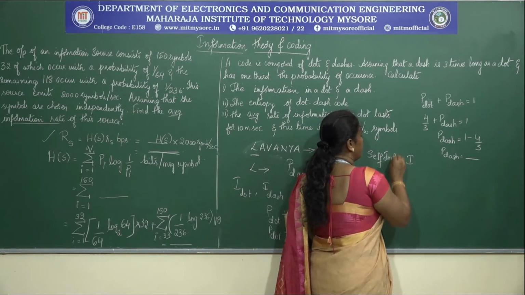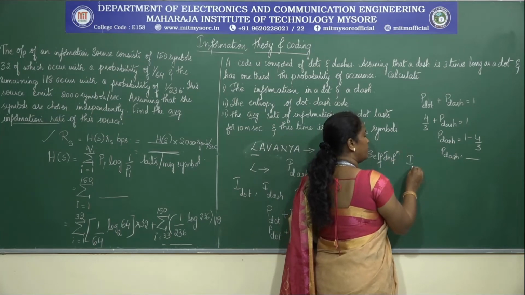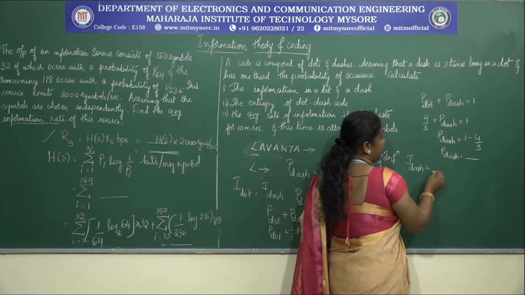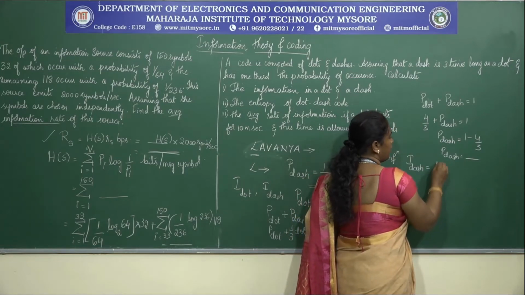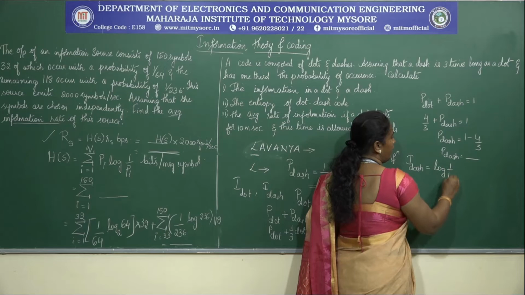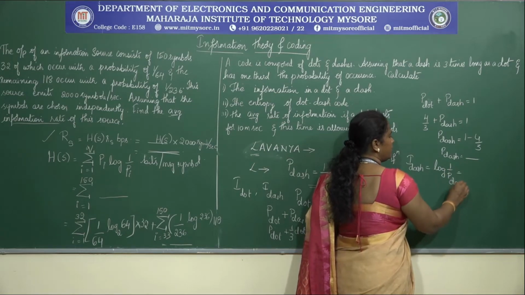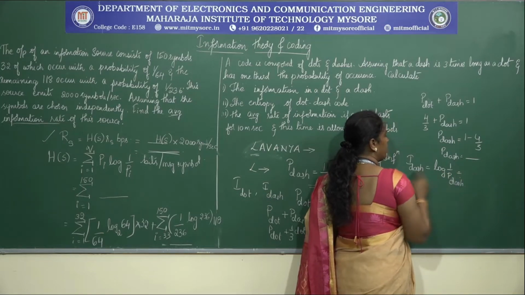So the self information, that is the individual self information of dash. I dash is nothing but log of 1/pk. Here we are calculating the dash value, so if you substitute the P dash value, you are going to get your I dash.